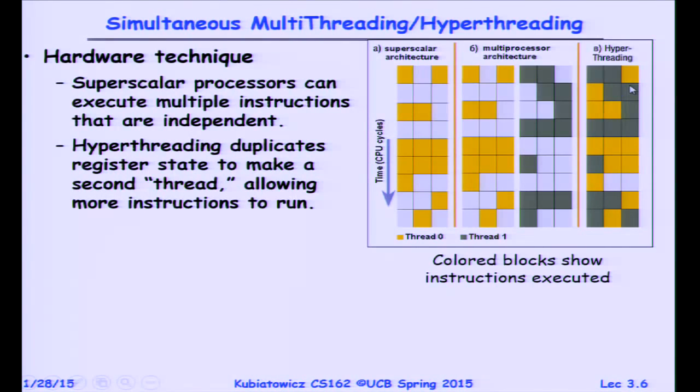In a hyper-threaded scenario over at the right, you've got 2 threads, and both threads are simultaneously loaded in the processor, so the processor has multiple register sets. The instruction dispatching decides how to take pieces from both of the threads to fit them together and not waste any potential.